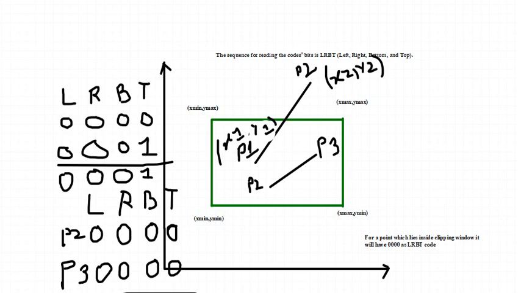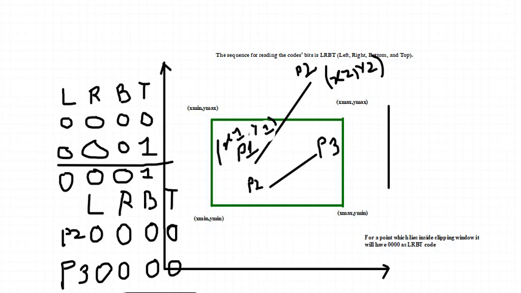Just recall, some time ago we discussed that if the line is totally at the side of an edge of the clipping window, then it will be trivially rejected.